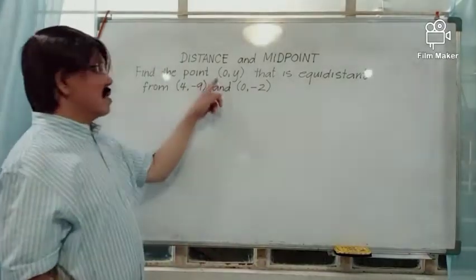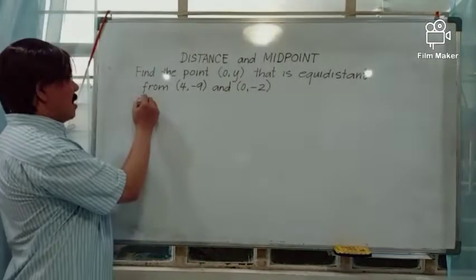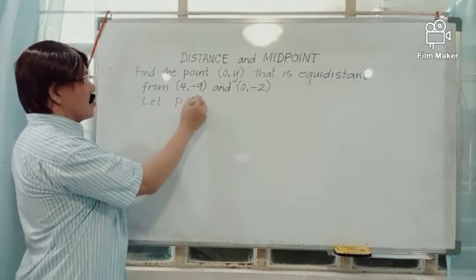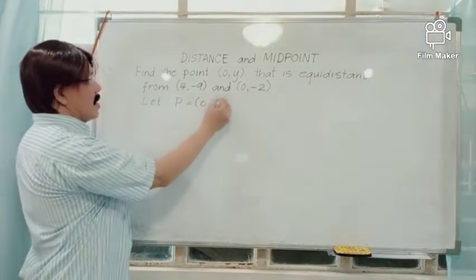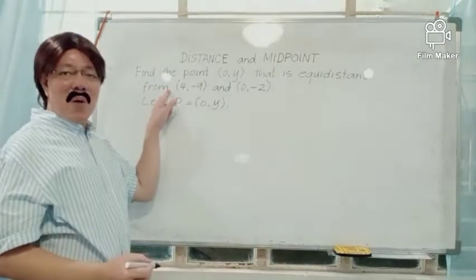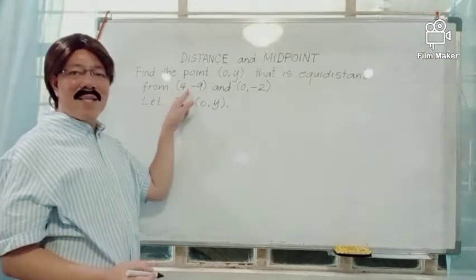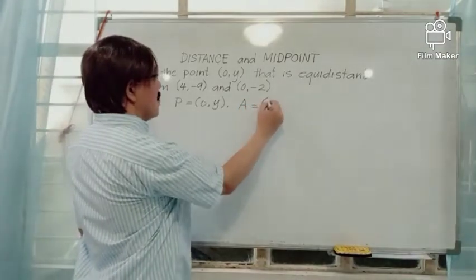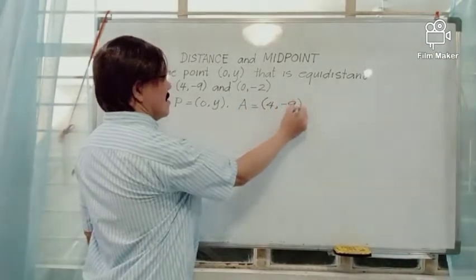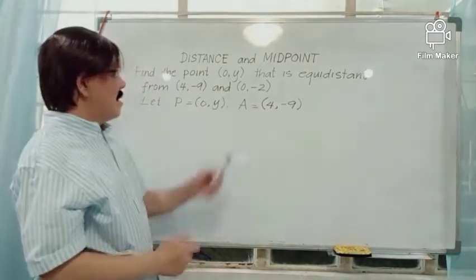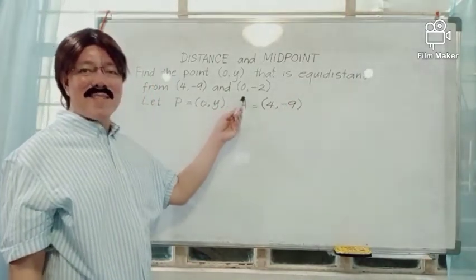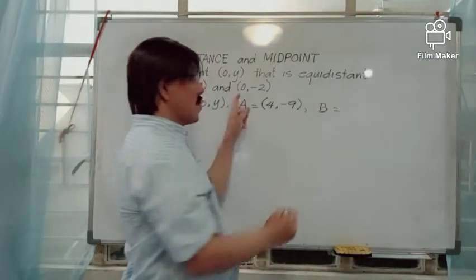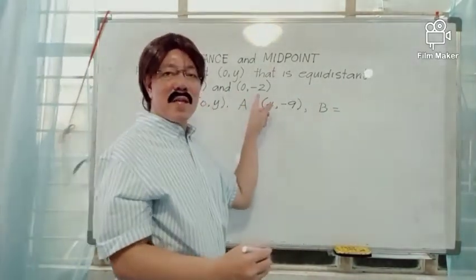First, we represent this point (0, y) as the point P. Let P be the point with coordinates (0, y). We let the point with coordinates (4, -9) be the point A, so A equals (4, -9). And the third point we denote as the point B, so B is the point with coordinates (0, -2).